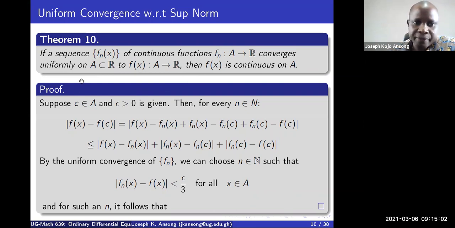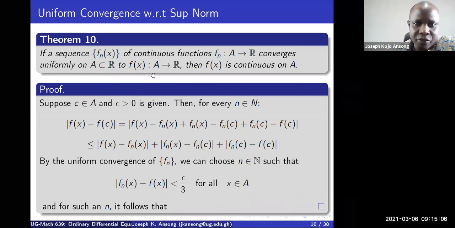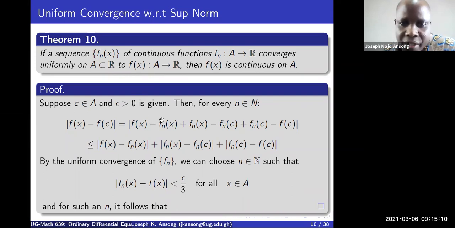So let's prove this. Suppose that c is in the domain A, and you choose epsilon greater than 0. Then for every n in N, where N is the natural numbers, the absolute value of f of x minus f of c is equal to the absolute value of all of that.